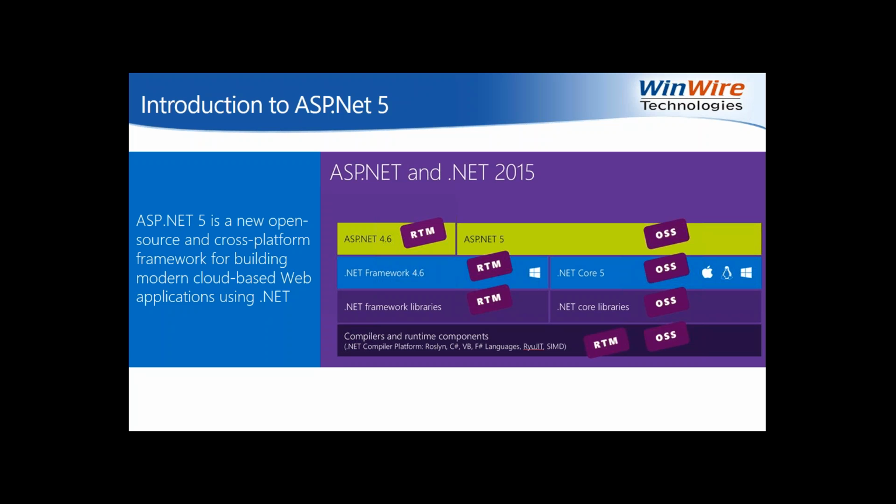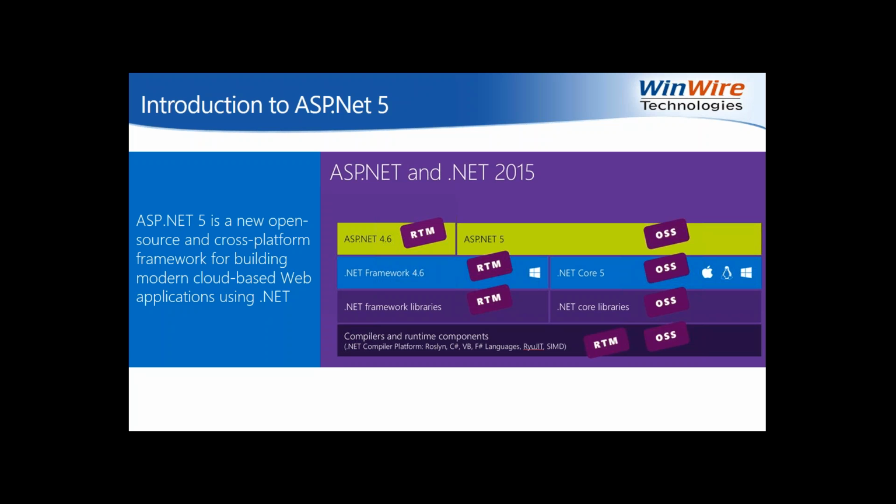The .NET Framework was designed for Windows, but .NET Core can actually run on a Linux or a Mac operating system as well. So what this means to you is that you can use ASP.NET 5 to build web applications not only for Windows, but also for other operating systems such as Mac or Linux.